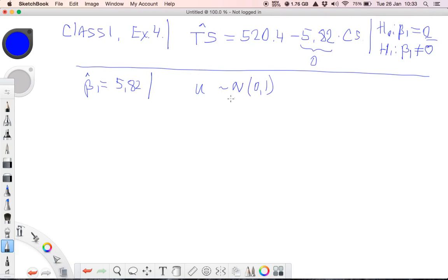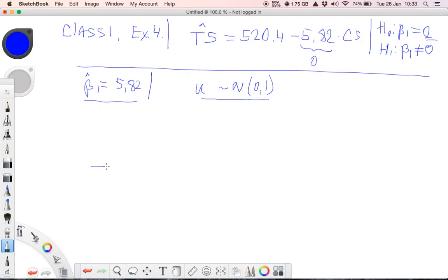If this assumption is true, then the betas also are distributed normally, or approximately normally in large samples. Given this assumption, we can test this hypothesis using the usual z-test. I think everyone remembers this at this stage, so let's do this.